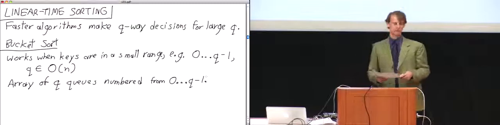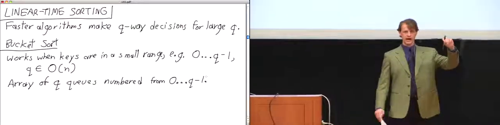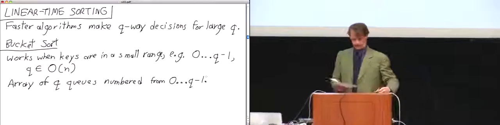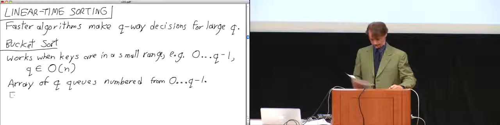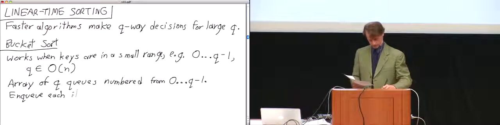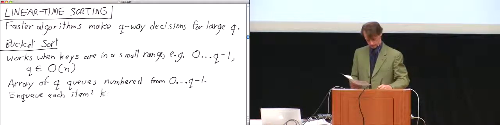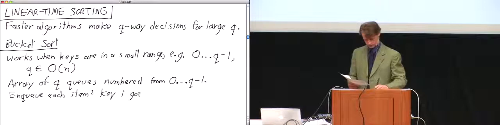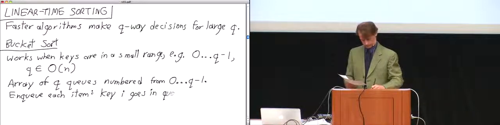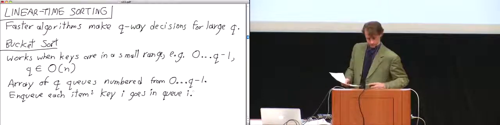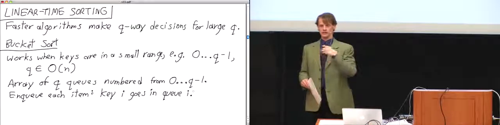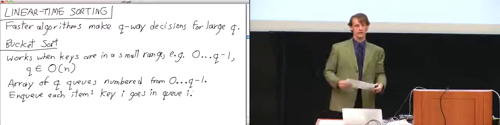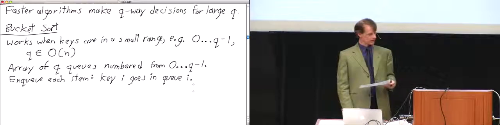And the algorithm is you walk through the list of input items, and whenever you hit an item whose key is i, you put it into queue i. Again, it's a very simple algorithm. Just walk through all the keys, each key in turn, and put it in the queue of the same number. Key i goes into queue i.